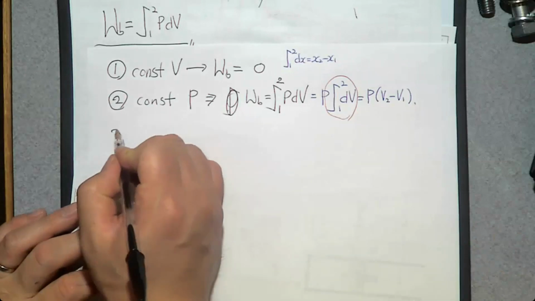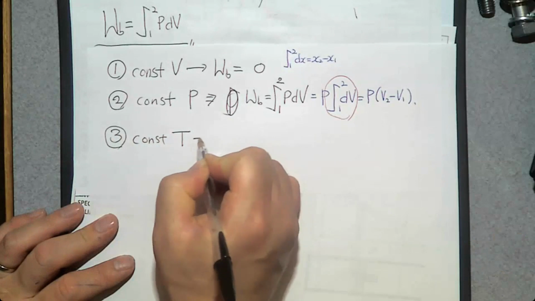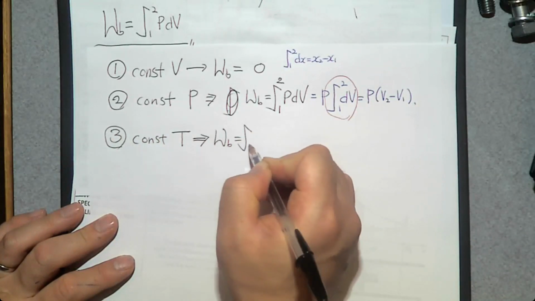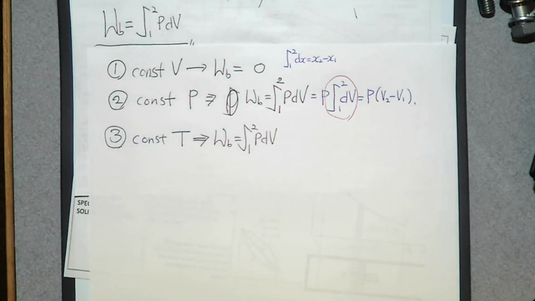Number 3, constant temperature process. So now, can you solve this equation? The question is, what is the relation between P and V? We need to know the relation between P and V to solve this equation.